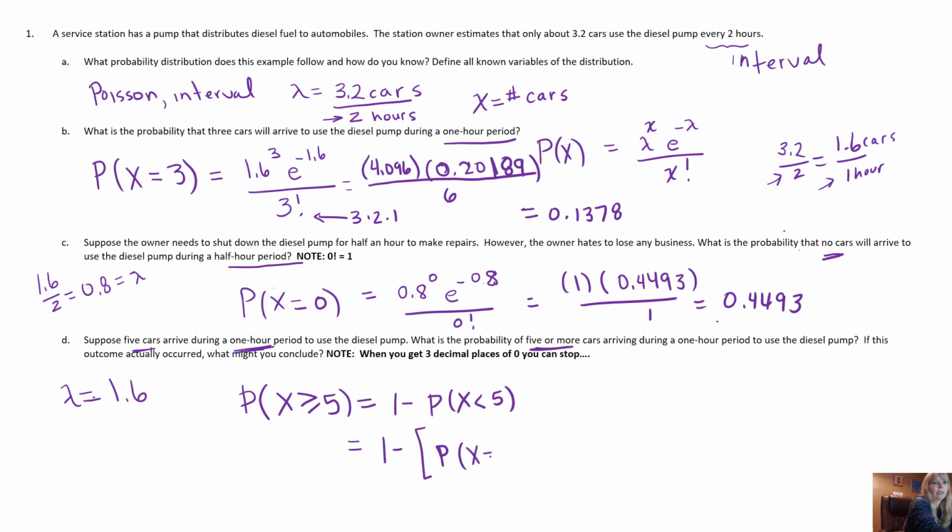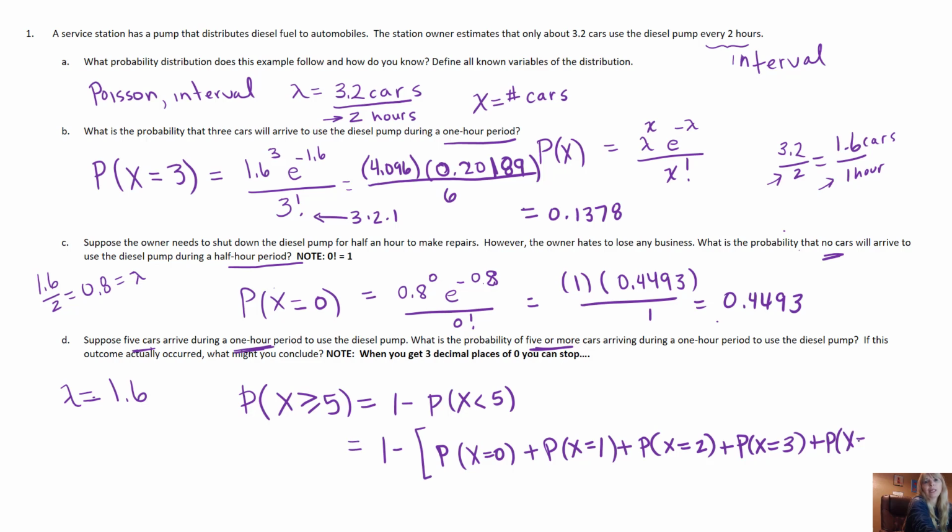The probability of 0 plus the probability of 1 plus the probability of 2 plus the probability of 3 and then plus the probability of 4.